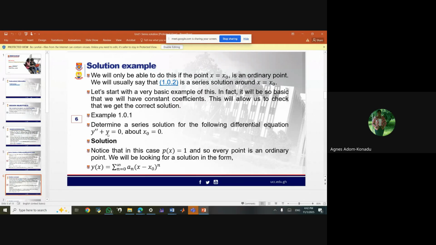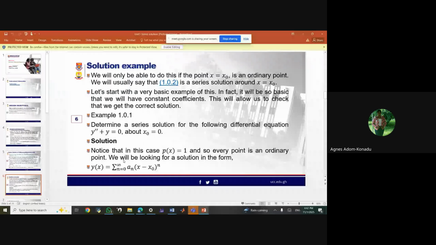And then my R of x is 1, so 1 over 1 is also a finite value. So it means that that point is an ordinary point. When you find the limit as x approaches 0 of that point, it's going to give you a finite number. So it means that it's an ordinary point.